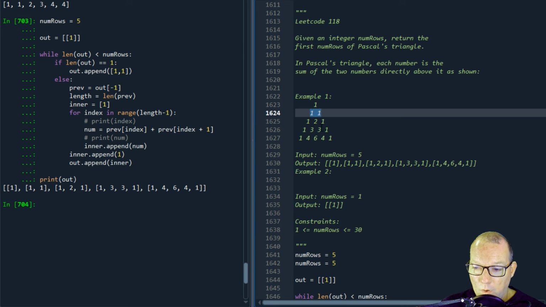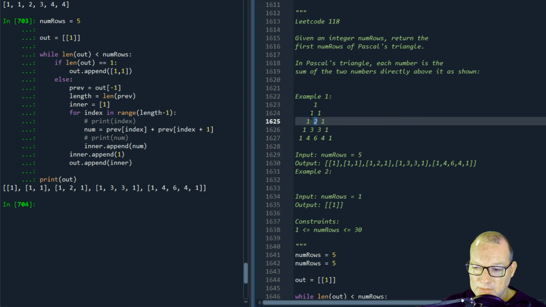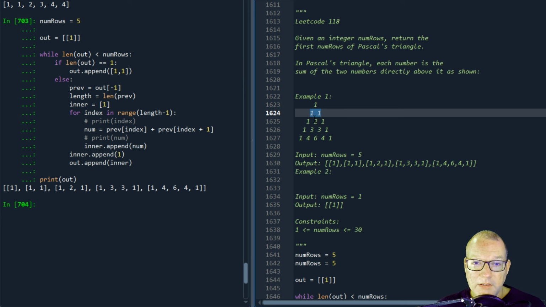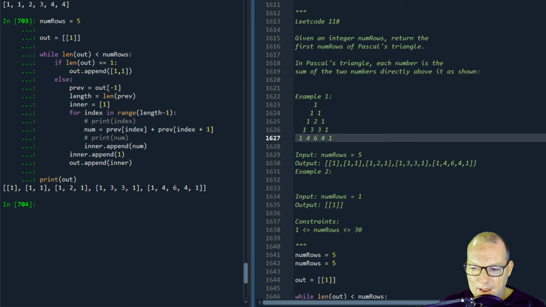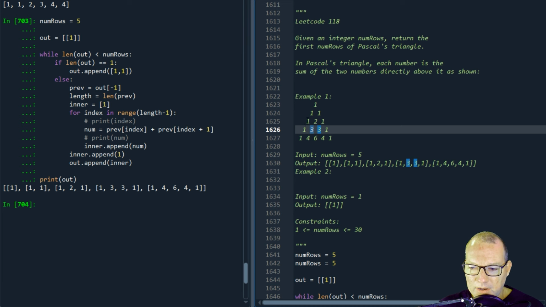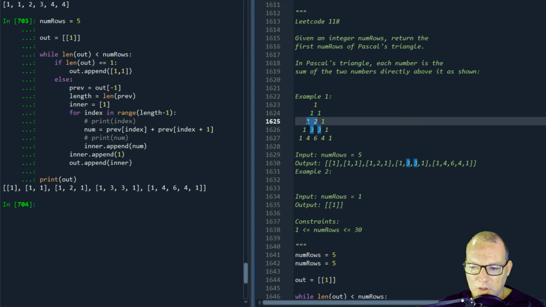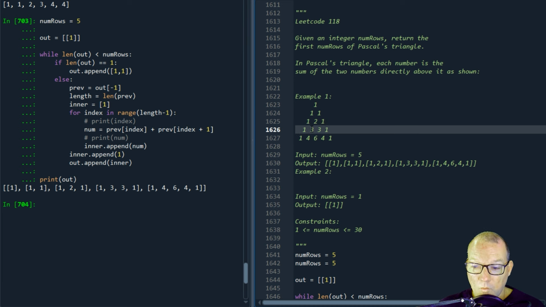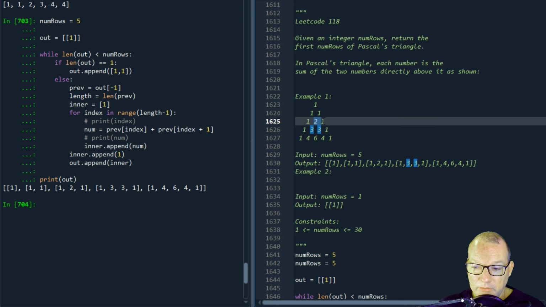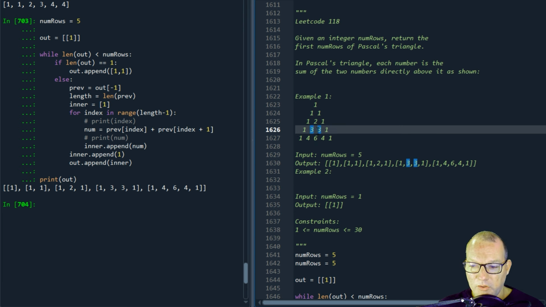Now, the way this goes is this 2 that is directly underneath these two 1s: 1 plus 1 is 2. So that's the structure. Now, this 3 right here is directly below this 1 and 2. 1 plus 2 is 3. 2 plus 1 is 3.